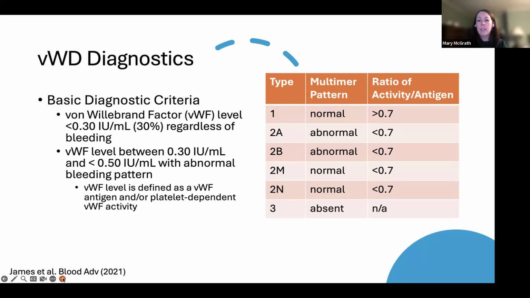From there, multimer analysis can be helpful to tease out the type 2 VWDs from each other. Type 2N is usually going to be identified because there's also a low factor VIII activity due to impaired binding. With type 2B, oftentimes we'll also see thrombocytopenia, although the new guidelines recommend genetic testing to help distinguish between type 2A and type 2B now.